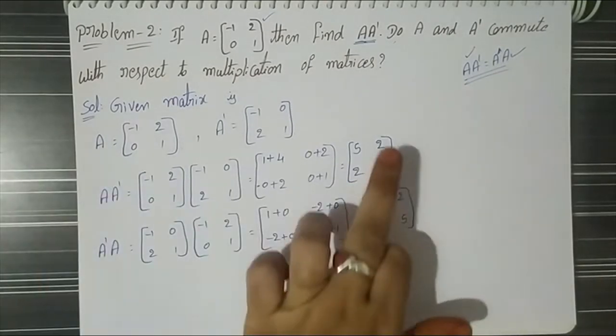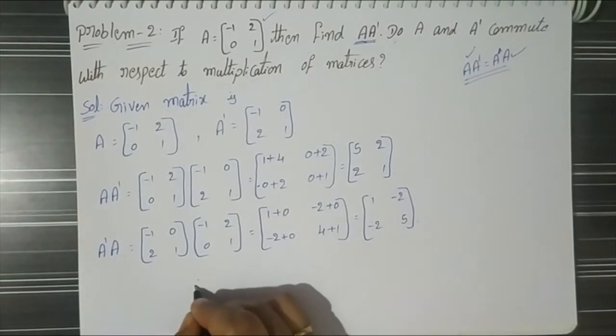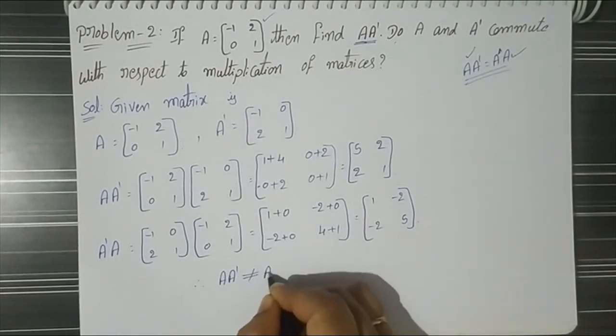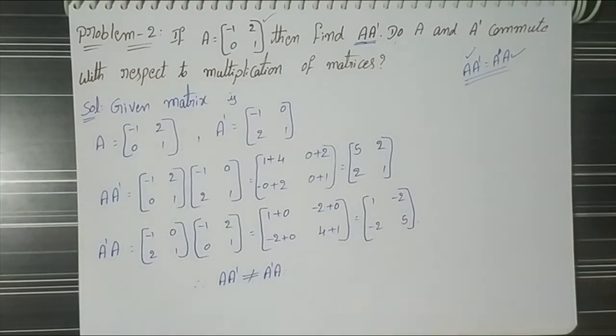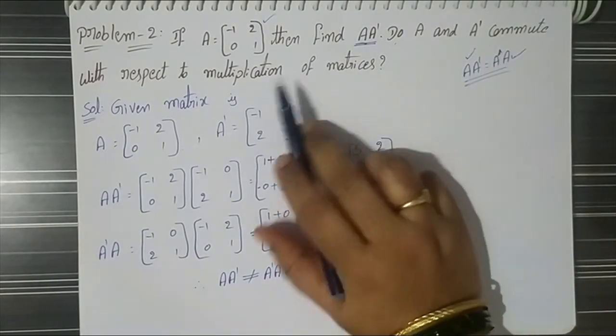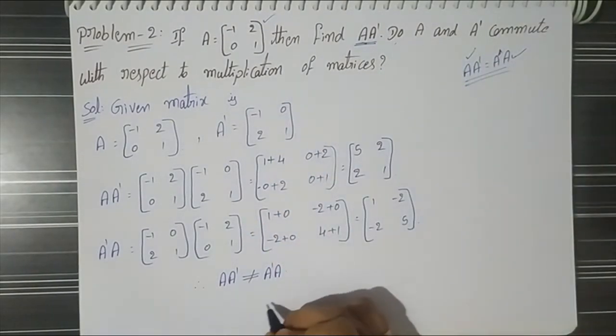But by observing these two matrices, A A dash is not equal to A dash A. Then we say that A and A dash do not commute with respect to multiplication of matrices.